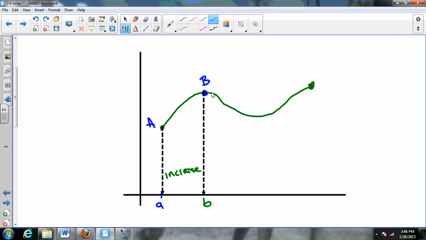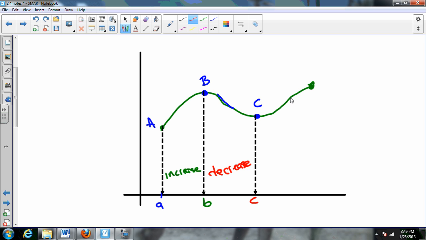So we're going along the graph on B. Ignore my shaky hand on that graph. So we're going along B, and we see about right here, we're going to label that point C. It turns once more. So from B to C, it's decreasing.